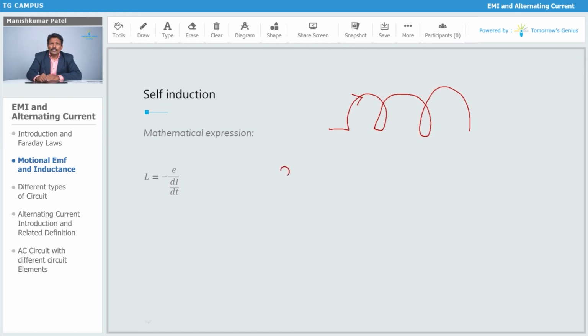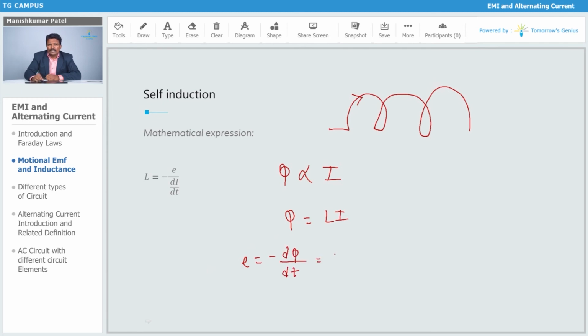For this particular case, the flux linked with the coil depends on, or is proportional to, the value of current. If we remove the proportionality constant, we can write phi equals L into I. Then we know E equals minus d phi by dt.